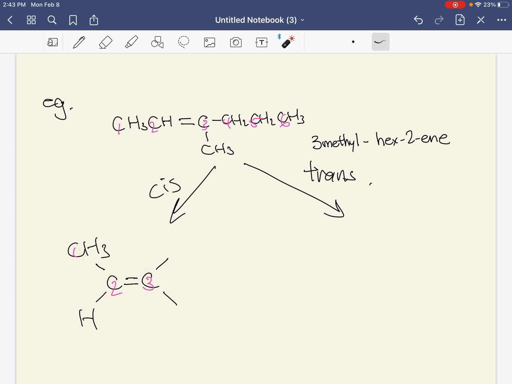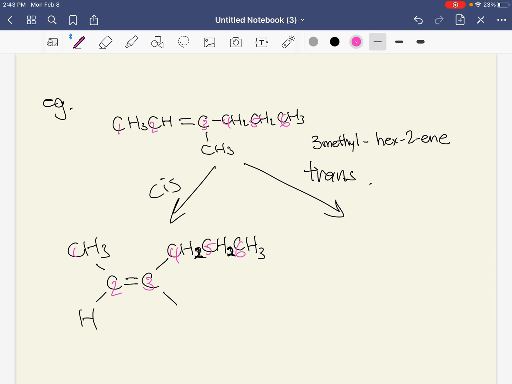Where am I going to put carbon number 4? Because carbon number 4 will link with 5, which will link with 6. Well, since carbon number 1 is up, I better make sure that carbon number 4 is also up. So I would not put it down here. No, no, no. I would do this. CH3, CH2, and CH3, because this is going to be carbon 4, 5, and 6.